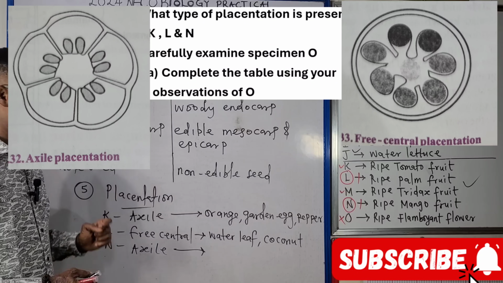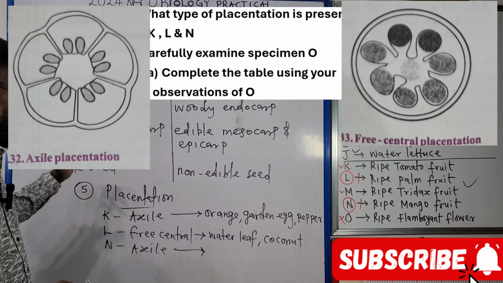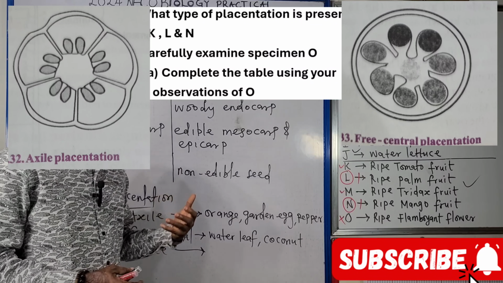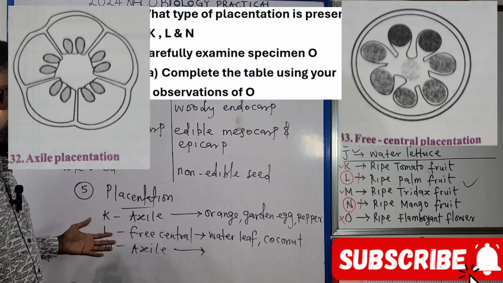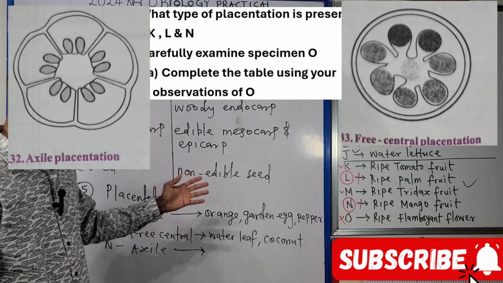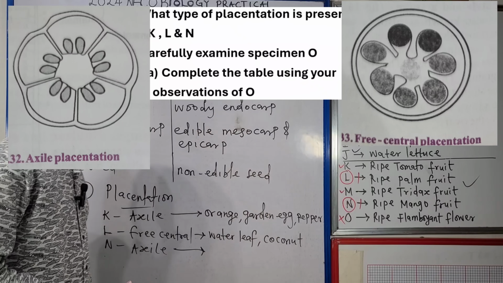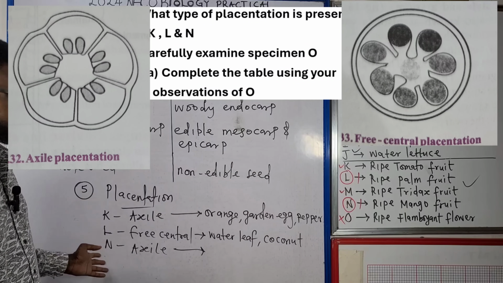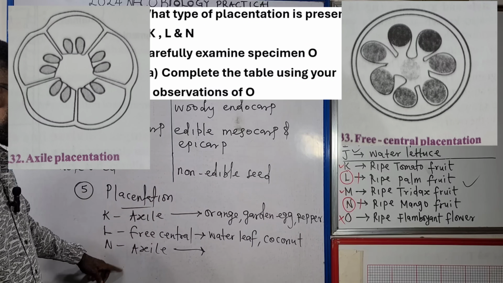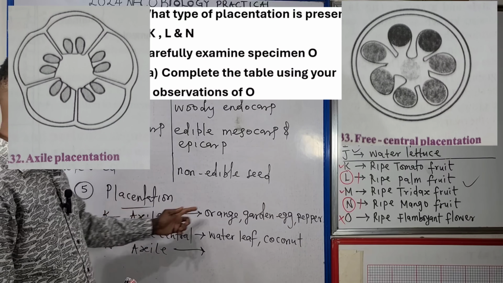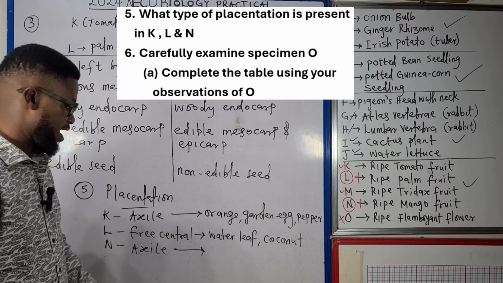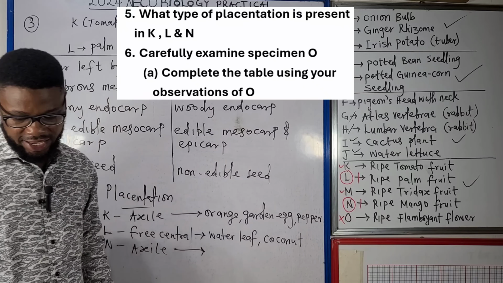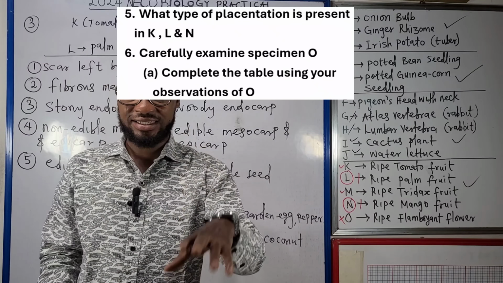When you talk about specimen L, that's the palm fruit, it is a free central placentation, and other examples of fruits that exhibit the same placentation, you're looking at water leaf, you're looking at coconut. Specimen N, that's a mango fruit, it also exhibits axial placentation. So you can just pick from any of the examples here and slot it in correctly, and that ends question 5.